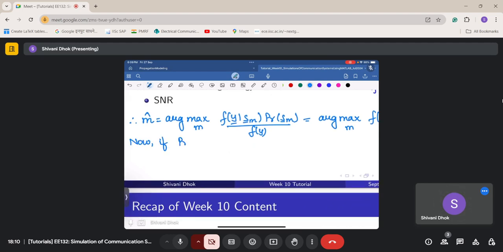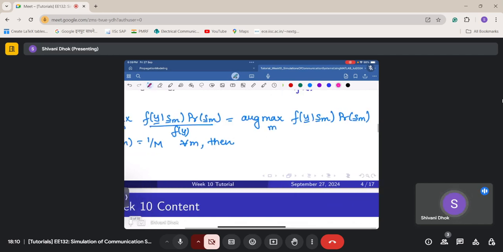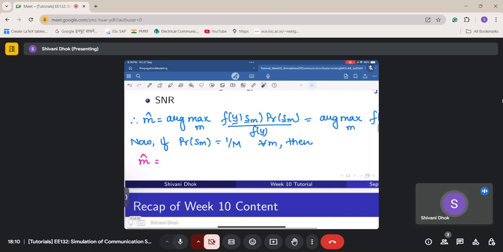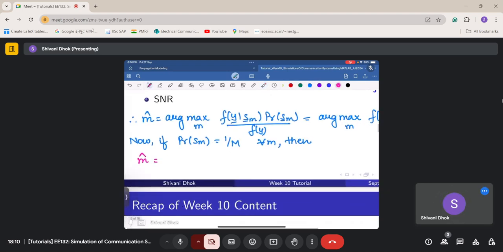Now, if the probability of s_m is equal to 1 by M for all m, then this probability becomes 1 by M, which is simply a constant, not a function of little m. So we can simply remove it. What we get is m hat equal to arg max over m of f of y given s_m.